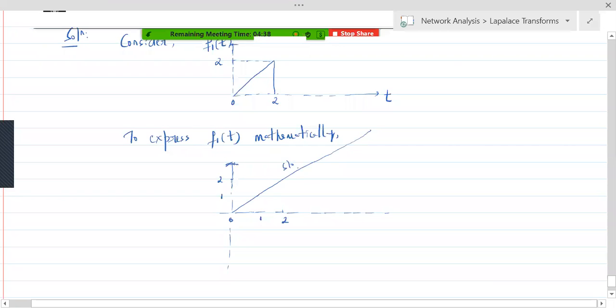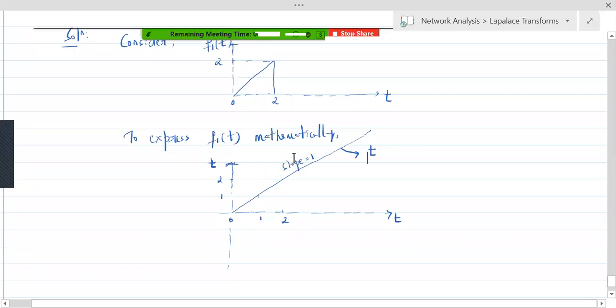Since the slope is equal to 1, this ramp can be called t. At t equal to 1 it is 1, at t equal to 2 it is 2, at t equal to 3 it would be 3. So this signal is t. Everybody understand?